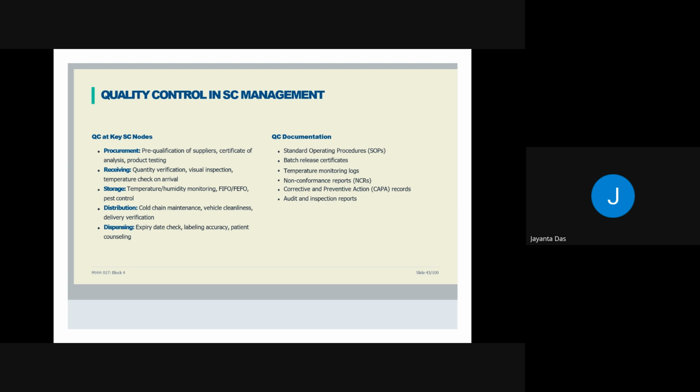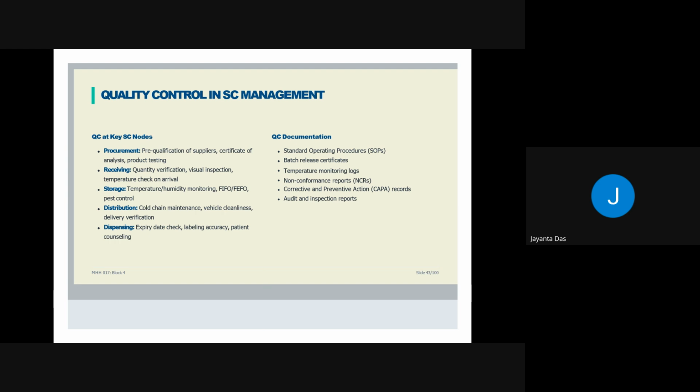Quality control in supply chain management is the quality checking done at every supply chain node. First one is procurement: pre-qualification of the supplier, certificate of analysis, product testing. Second is receiving: quantity verification, visual inspection, temperature check.